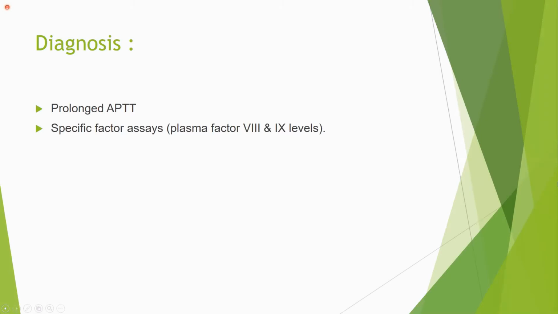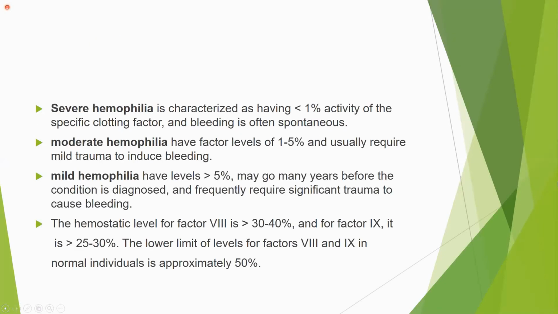Now, the classification of hemophilia on the basis of the factor level: severe hemophilia is characterized as having less than 1% activity of the specific clotting factor, and here the bleeding is spontaneous. So, the bleeding happens even without trauma. Moderate hemophilia has a factor level of 1 to 5% and usually requires mild trauma to induce bleeding, and in mild hemophilia, the levels are more than 5%.